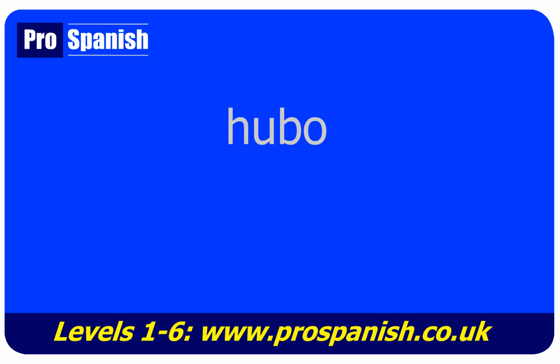So, hubo, just for when it's an event, and the reason why it's not that common is because you don't normally use there was and there were for an event. Saying there was some cheese in the fridge, or there were some apples on the table, is not really an event, it's just describing how things were.